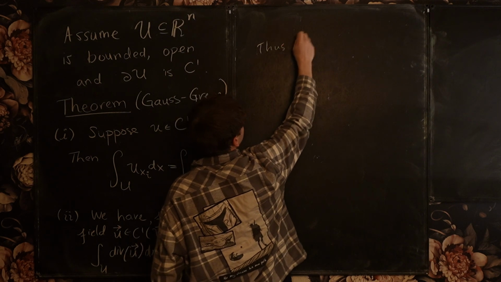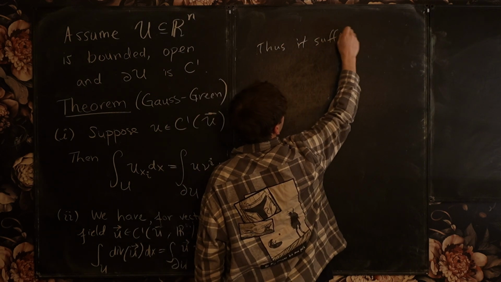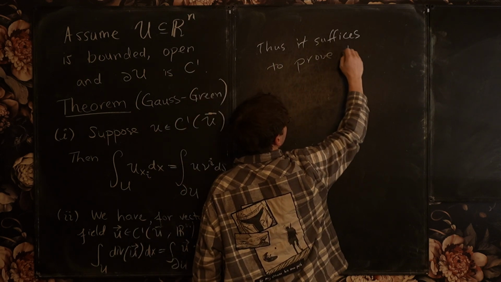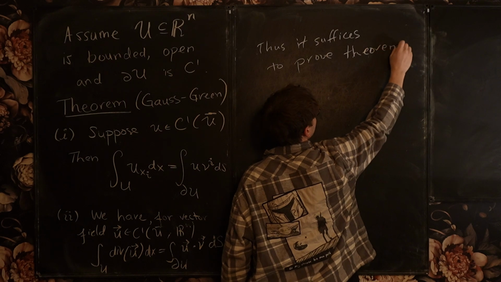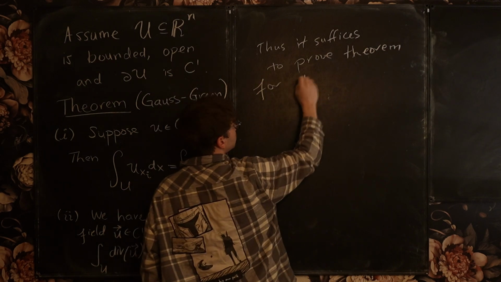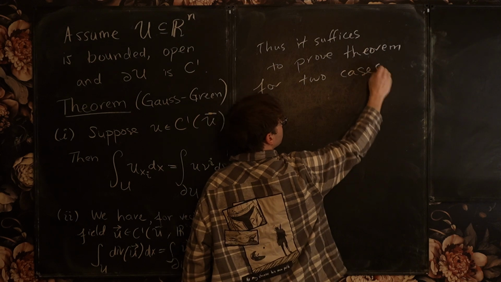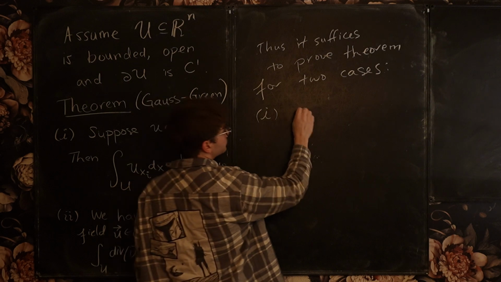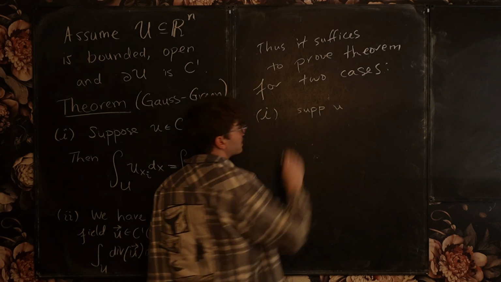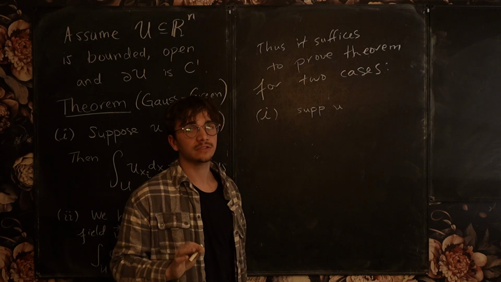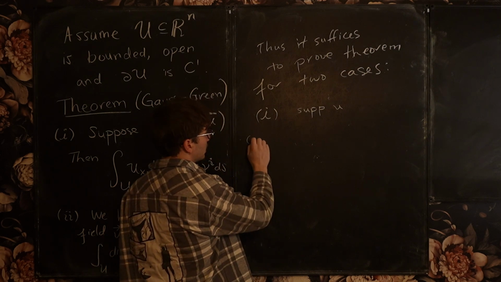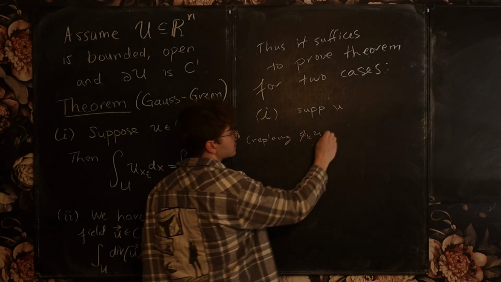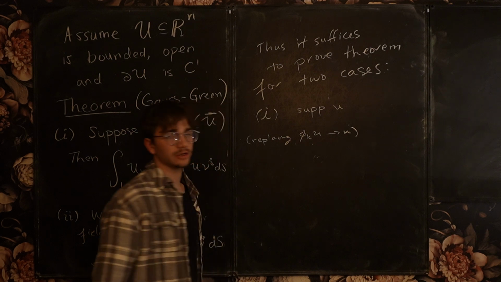So thus, the first case is that the support of u is contained in the open set u. I'm going to drop the phi k's now because I'm just replacing phi k u in my previous line with just u, to make the notation simpler.